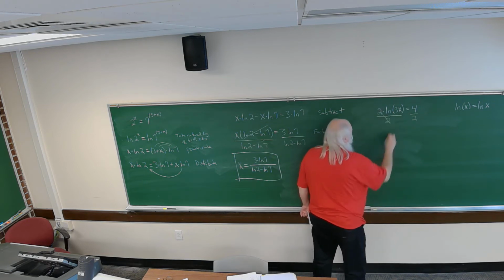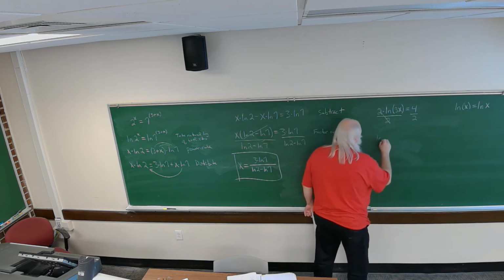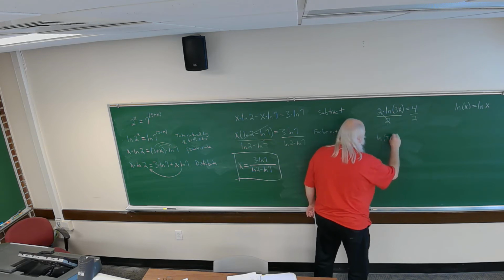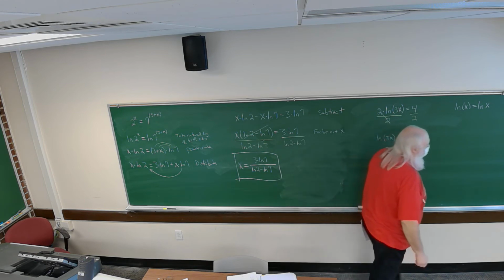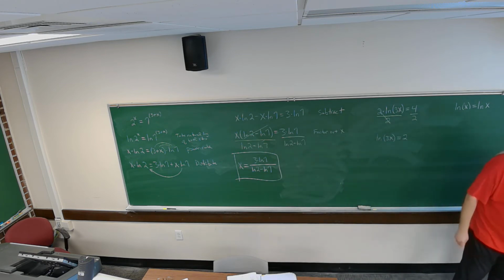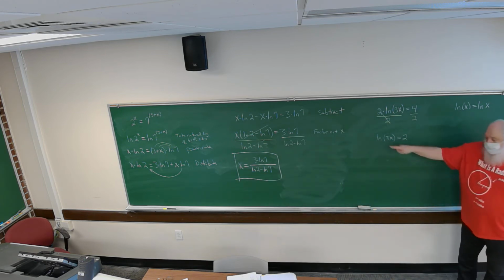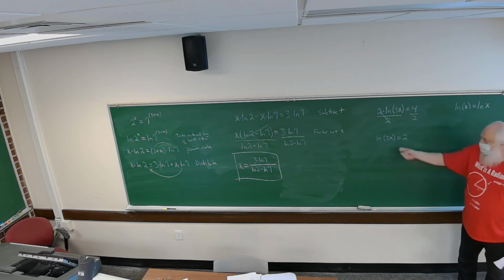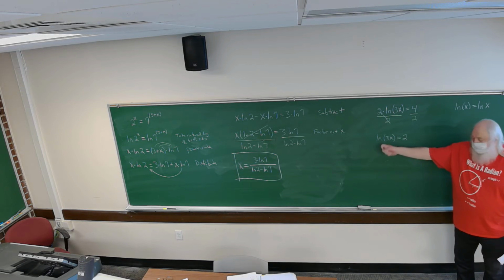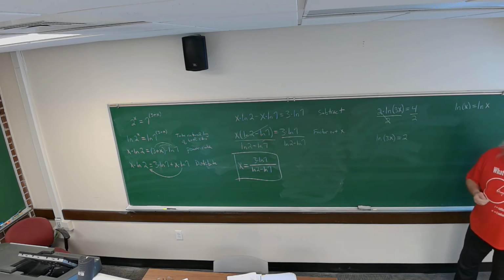So we divide both sides by 2, and we have the natural log of 3x is equal to 2. Well, the x is in the argument of the natural log function, right? So to isolate x on the left-hand side, we've got to get rid of ln, the natural log.